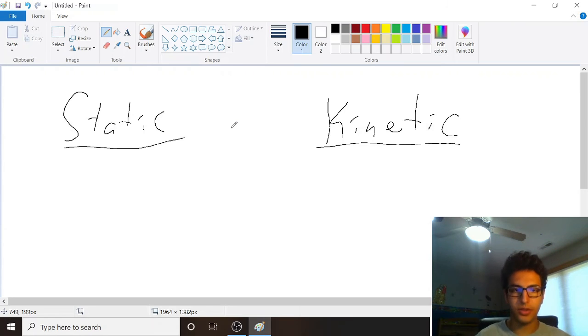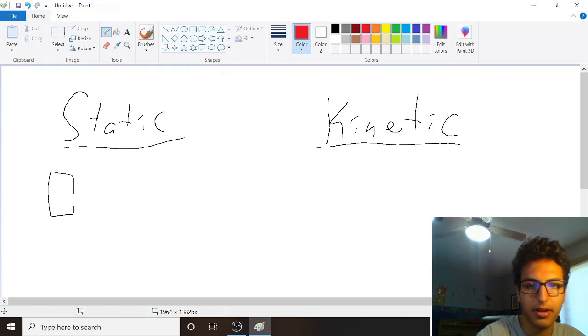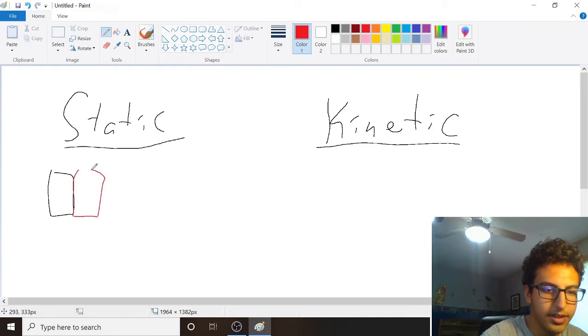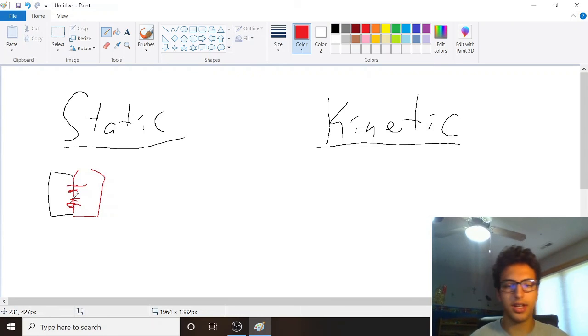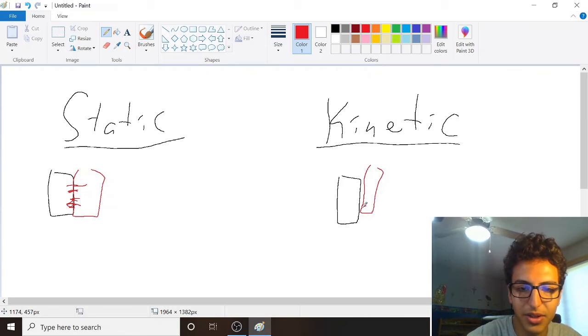Alright, and that's because if two things are stationary, stuck together, there's some atomic bond keeping these two together. But if two things are already moving, okay, then those bonds are weaker.